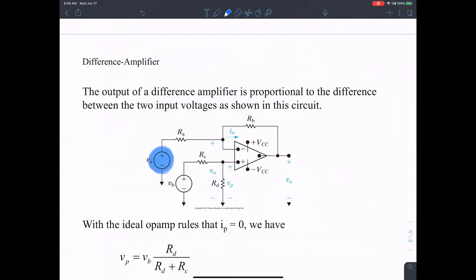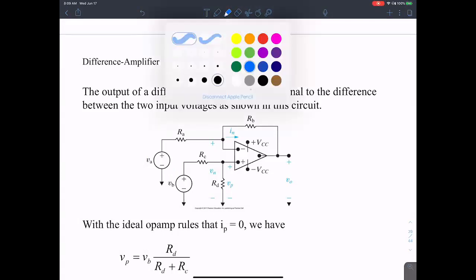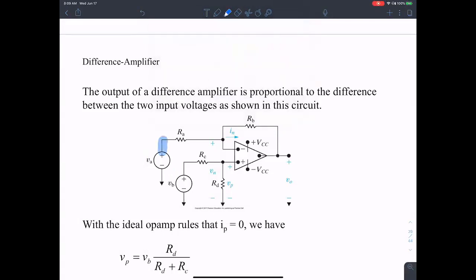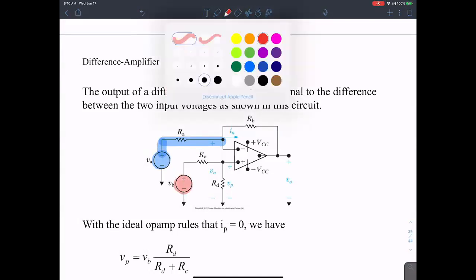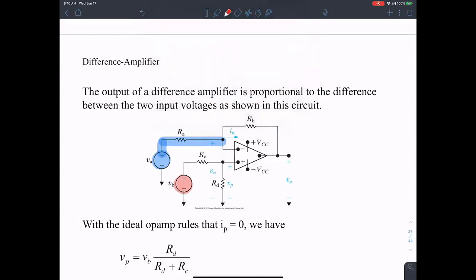A voltage VA is applied to the negative terminal. That's VA. Then there is the VB applied to the positive terminal.